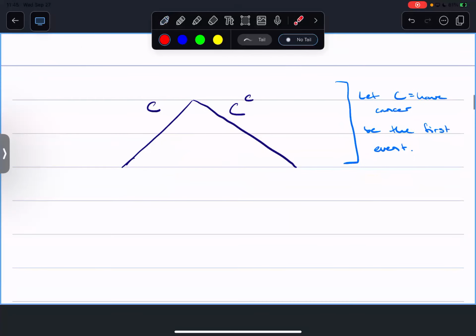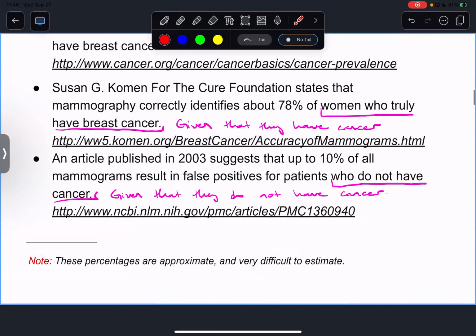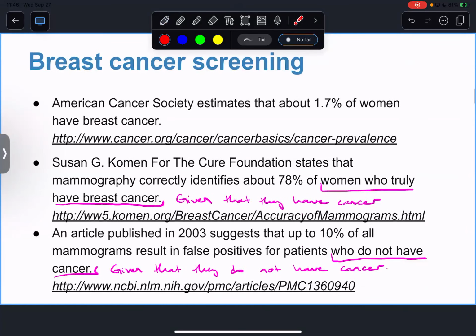Depending on whether you have cancer or you don't have cancer, that's going to impact the probability of getting a positive test result, and that's what we're relying on when we read test results. And so what were we told? In general, they estimate that about 1.7% of women have breast cancer.